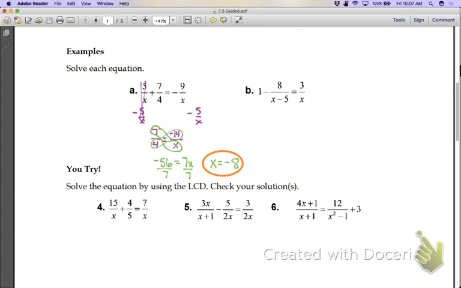Now, on B, where I have 1 minus 8 over x minus 5 equal to 3 over x, it's completely up to you. In this case, you have 3 different denominators, because what is 1? 1 over 1.